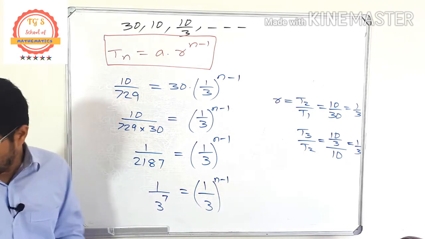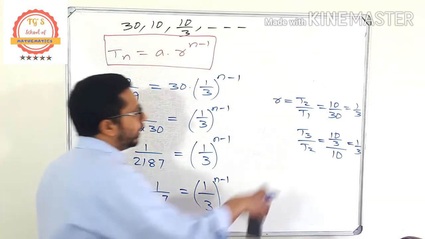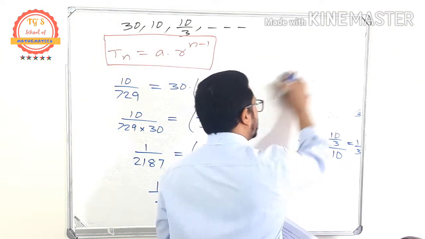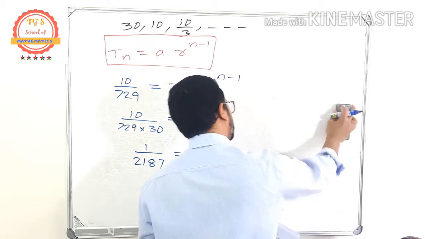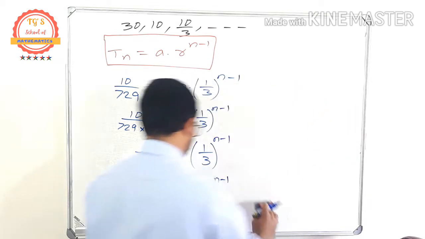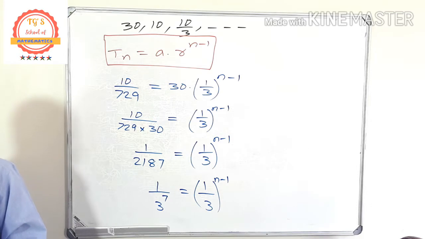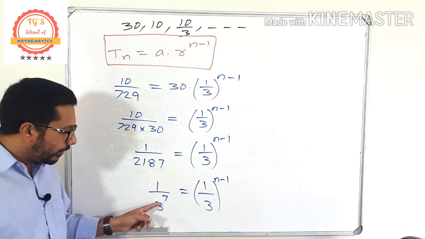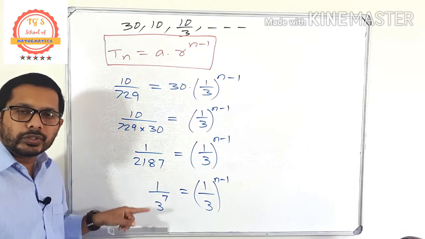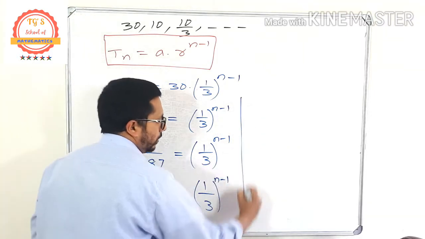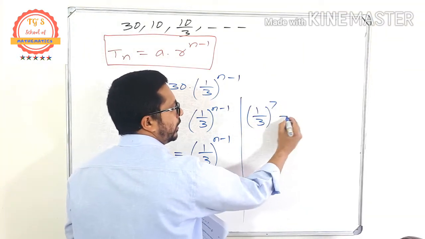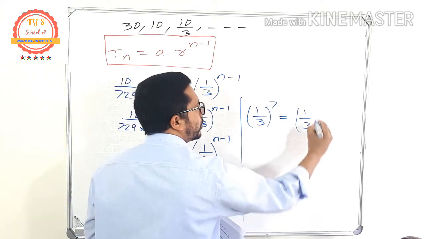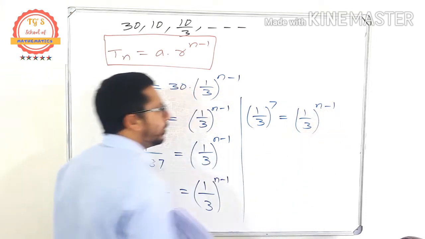So now, this 1 over 3 raised to 7 is the same as 1 over 3, the whole raised to 7, is equal to 1 over 3 raised to n minus 1.